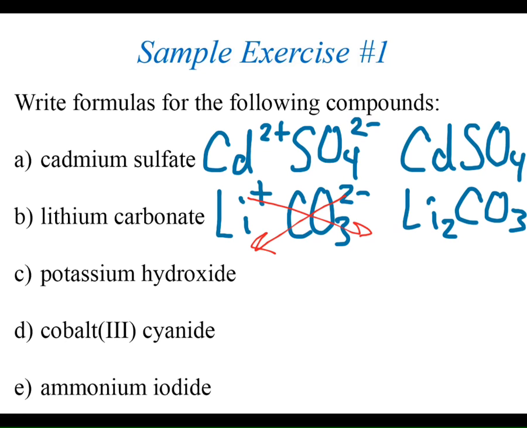I've never done it that way. I just go right to it. I just know, oh, 2 negative ones, I need 2 of these, so Li2. I need 1 of these, so just CO3. So no need to balance it out when you're adding them already. I mean, you could. If I was going to do that, I'd put the 2 in the front, but you normally don't need to.